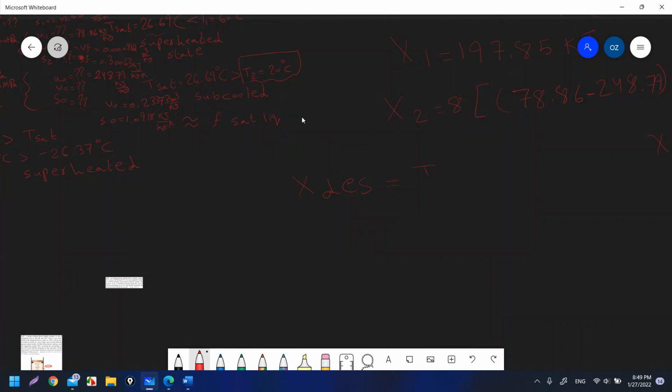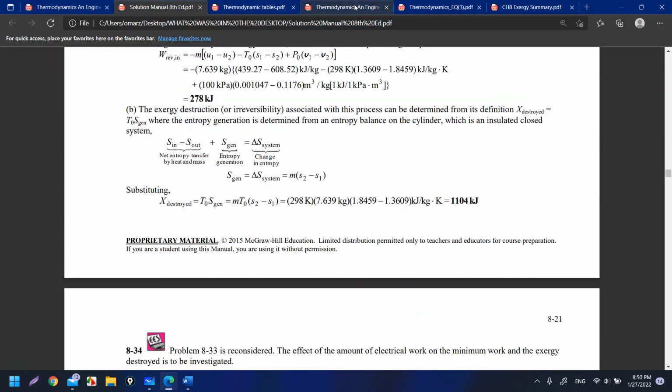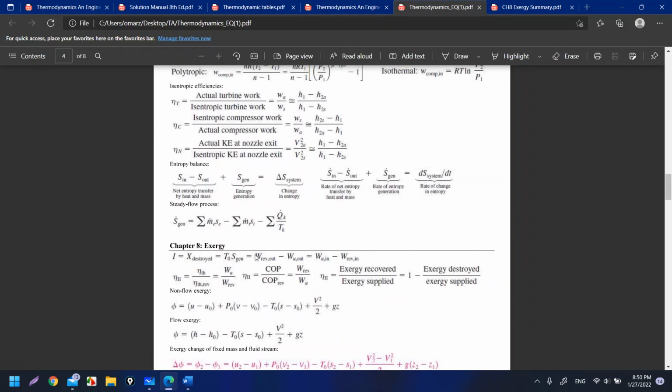Either you say T0 times S generation, or you can find it as it is equal to the irreversibility. Irreversibility equal to X destroyed, and also equal to this equation. You might say in minus out, or out minus in, the reversible out minus the useful out, or the reversible in minus the useful in. The work reversible out minus the work useful out, or the work useful in minus the work reversible in.